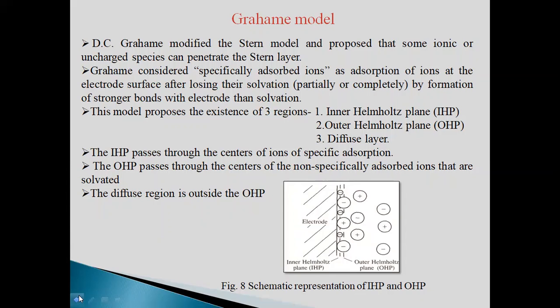D.C. Graham proposes three regions across the electrified interface. One is the inner Helmholtz plane, another one is the outer Helmholtz plane, and the third one is the diffuse layer. The inner Helmholtz plane is the plane that passes through the locus of the centers of these specifically adsorbed ions. As I have already discussed, specifically adsorbed ions are the desolvated ions that do not experience any solvation due to the water molecules present in the solution.